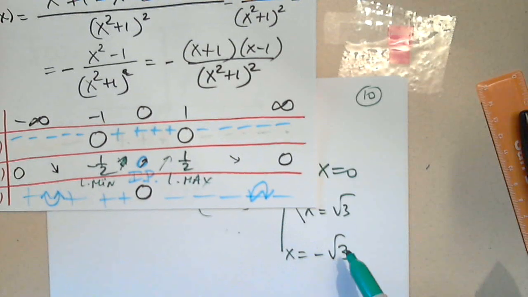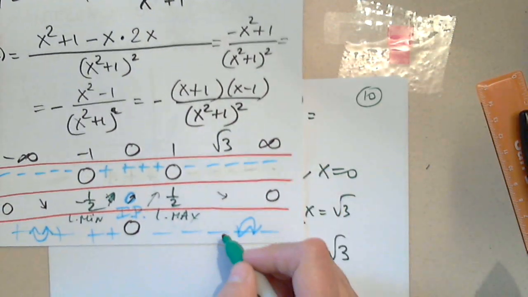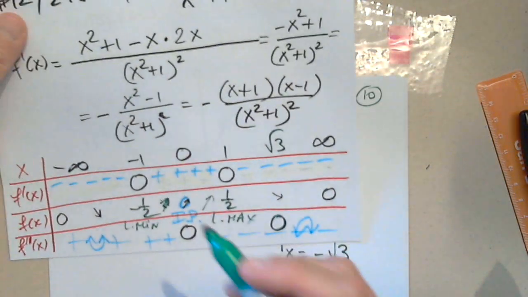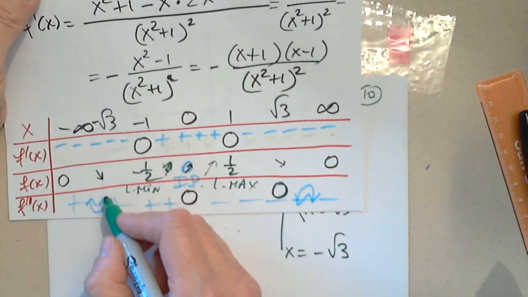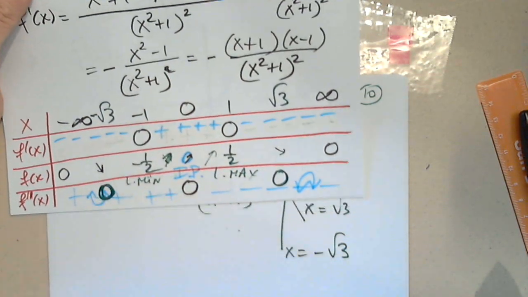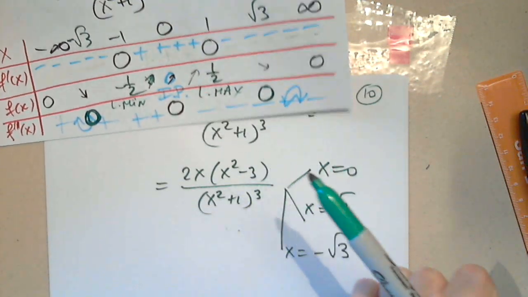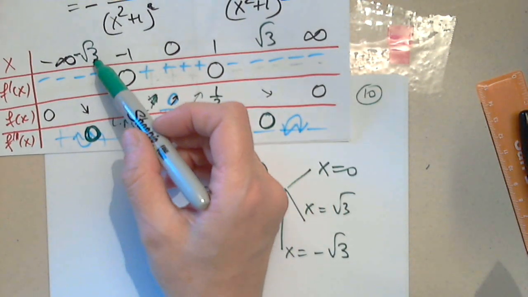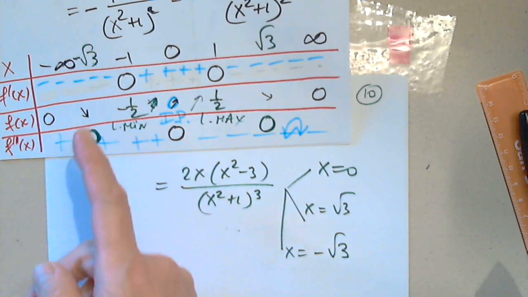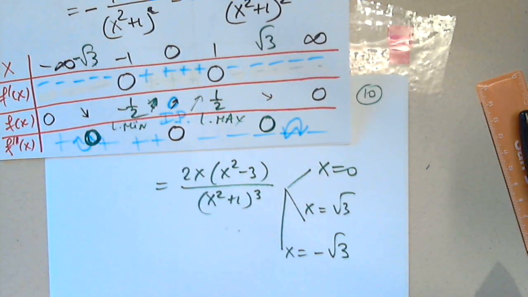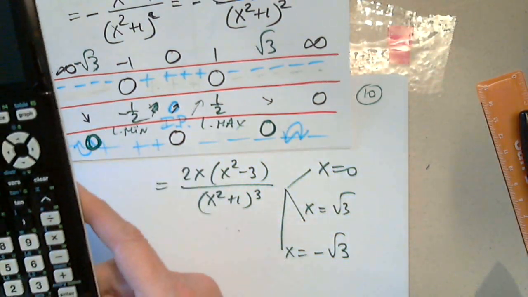So 0 is fine, the square root of 3, and negative the square root of 3. Exactly as I expected, because I couldn't graph that. So I have to put that in, so I have to approximate so I can get this number.